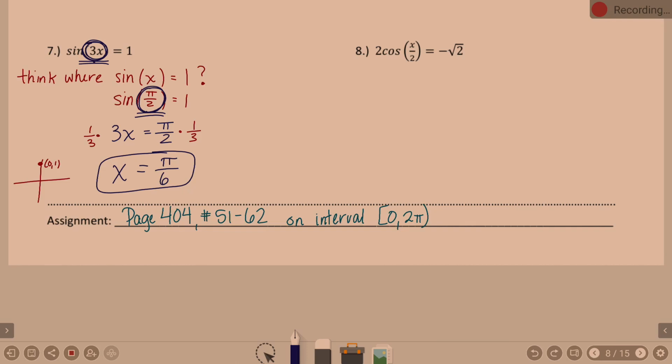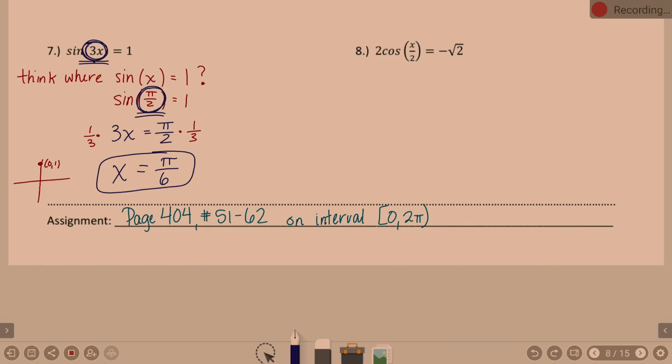So let's look at 8. 2 cosine of x over 2 equals negative square root of 2 over 2. What do we need to do first? I want to get the cosine by itself, because then I can get it to just be cosine of something equals something.